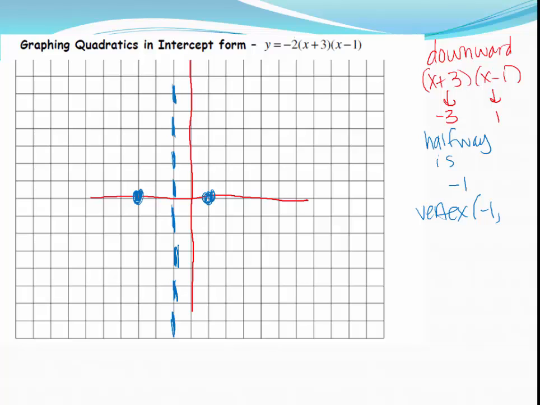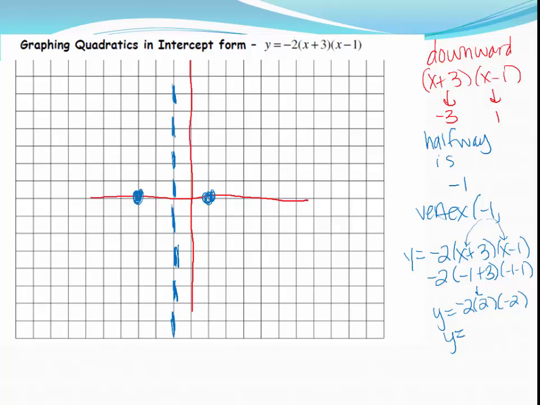So let's figure out the y-coordinate. Let's go back to our equation. And I'm going to plug a -1 in for x here and there. So this parenthesis will become 2. This parenthesis will become -2. And there already was a -2 out in front.